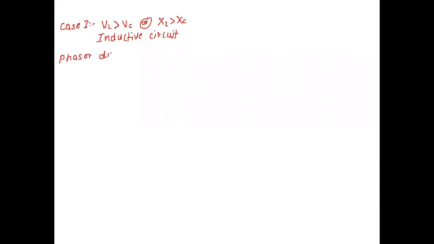Now how do we draw the phasor diagram for this case? Please see the rule: whenever you want to draw the phasor diagram for a series circuit, we always consider the current phasor as the reference phasor. So this is the current phasor. Now VR is always in phase with I, so this is represented by VR.